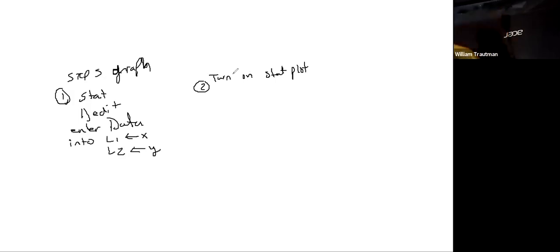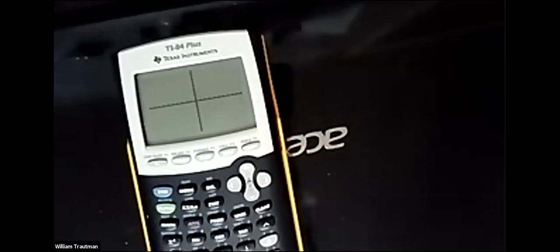So steps for graphing, that's the first step. Step 2, we have to turn on our stat plot. Step 2 is turning on our plot. If we look, I'm going to stop sharing here, going back over to my calculator.